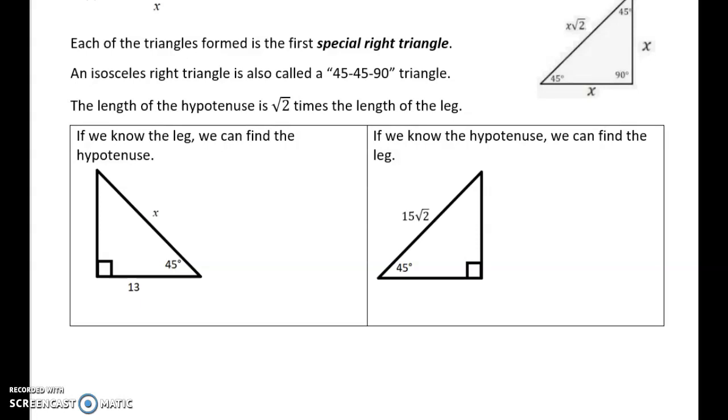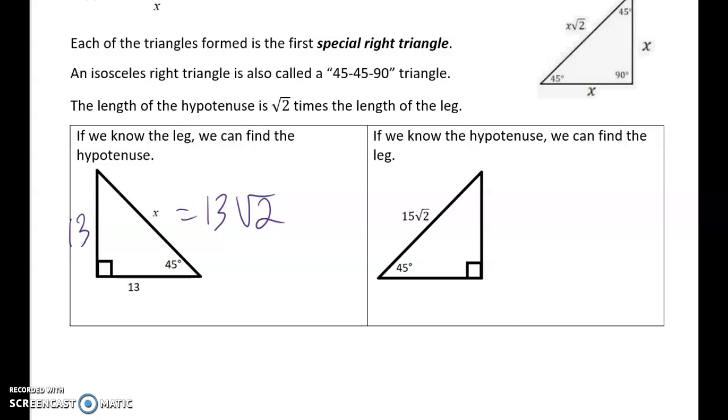So this is what that would look like. If I know the leg, I find the hypotenuse by multiplying by the square root of 2. So my leg here is 13. I know that this leg on this side will also be 13. And this will equal 13 times the square root of 2. And we just write square root of 2 after it. 13 times the square root of 2 is just a number.